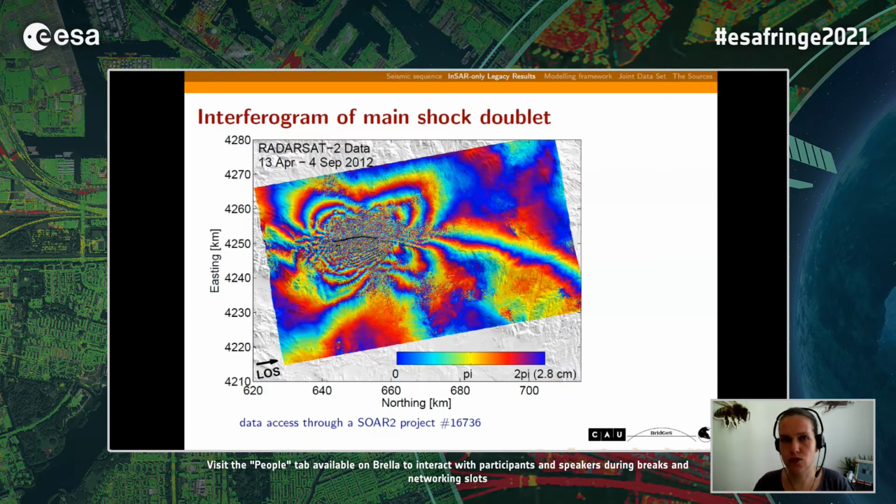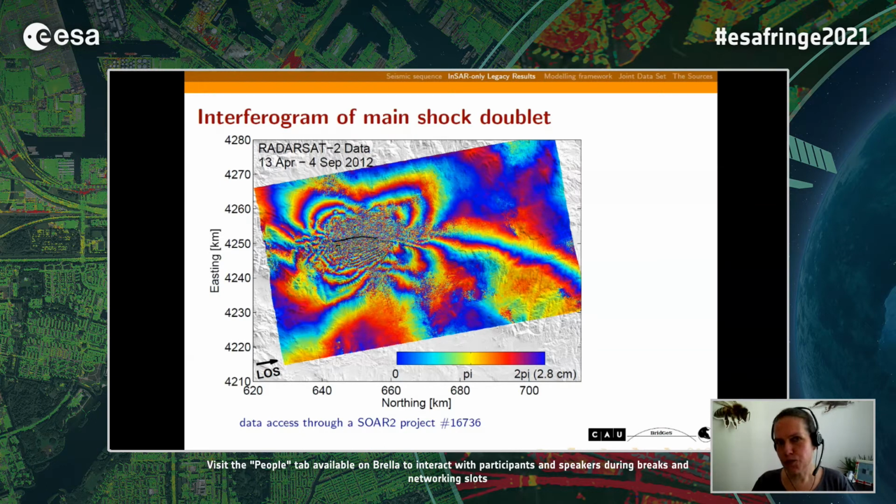So this is just one look direction. We are missing dimensions. And you can see that we also lose quite some coherence in the near field of the earthquake. This interferogram spans several months from April to September. So from the InSAR side of things, this is also not perfect. Next slide, please.